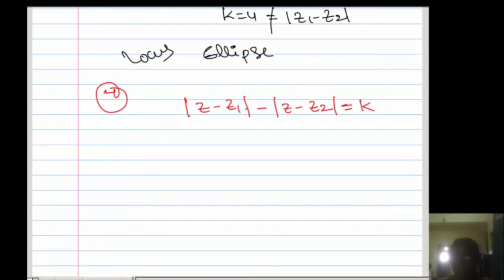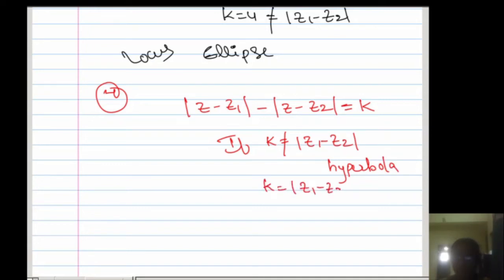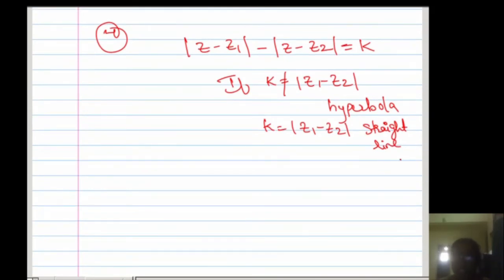If K is not equal to mod Z1 minus Z2, then it represents a hyperbola. If K is equal to mod Z1 minus Z2, then it represents a straight line joining Z1 and Z2.